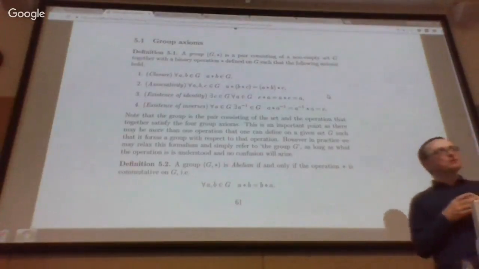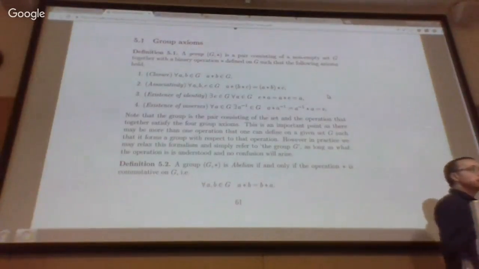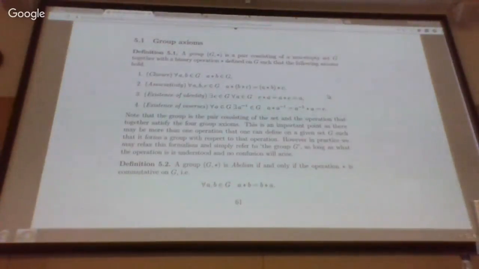So this is the situation that group theory studies. Anywhere where you've got a set of mathematical objects and a binary operation. But it's not any old set. There's a minimal set of conditions that the pair, the set and the operation, have to satisfy in order to be called a group.